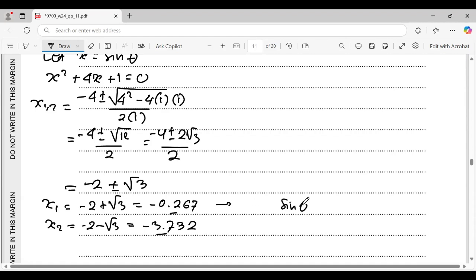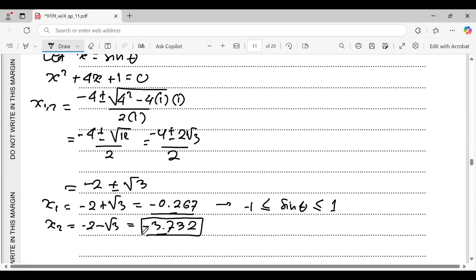sine theta, this one is sine theta, between -1 and 1. So it is impossible if this is the solution. Okay, so the solution is this one, because -3.732 is less than -1.